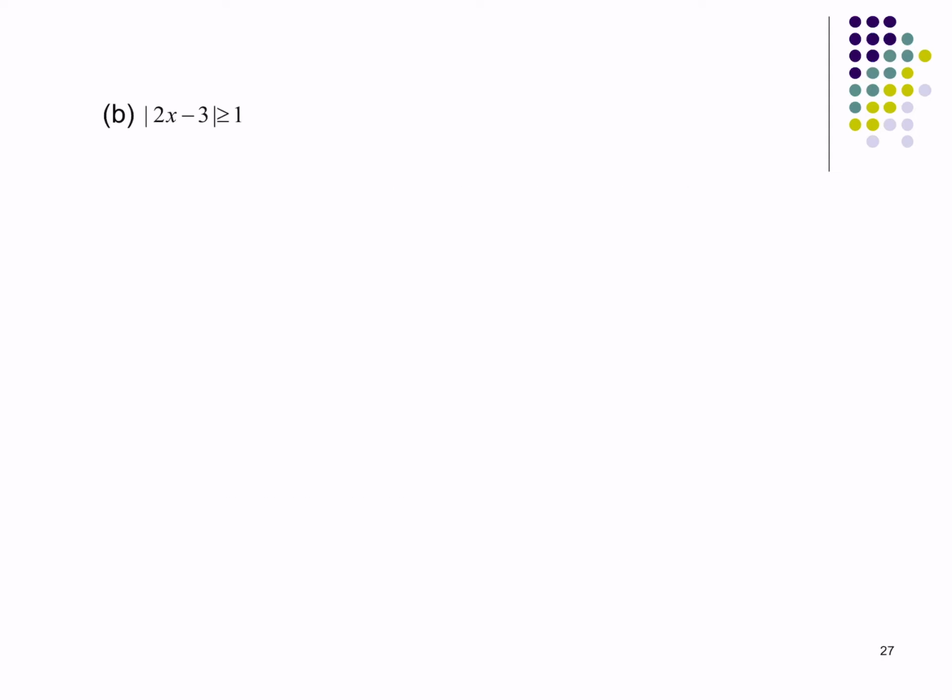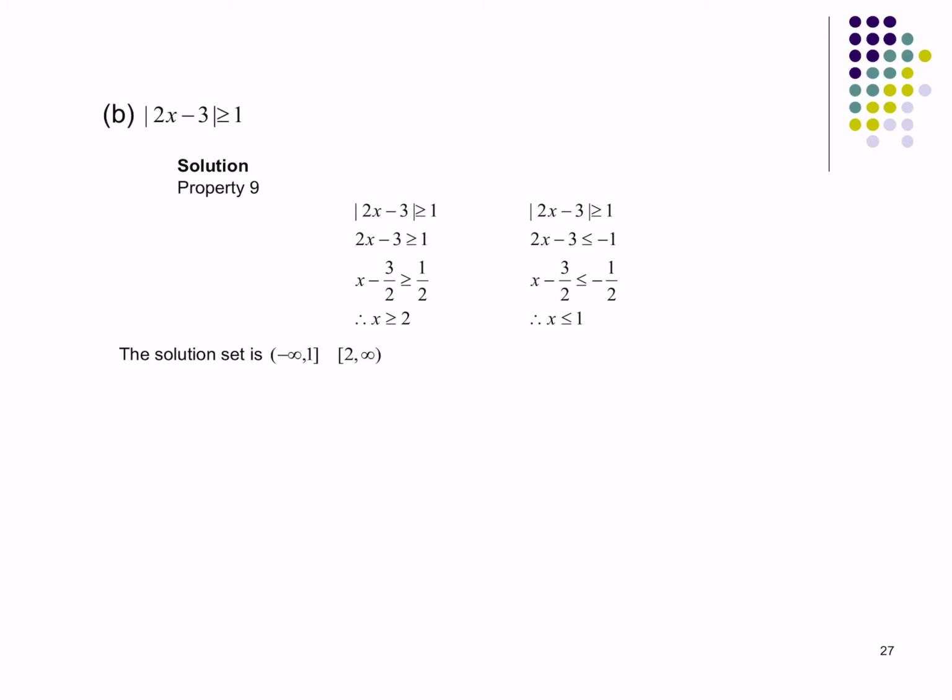And then the last example, suppose you have to find the absolute value of 2x minus 3 that is greater than or equal to 1. Then you will have to find the solutions for the value of x. So in this case, you will have two different solutions for x if you apply property number 9.